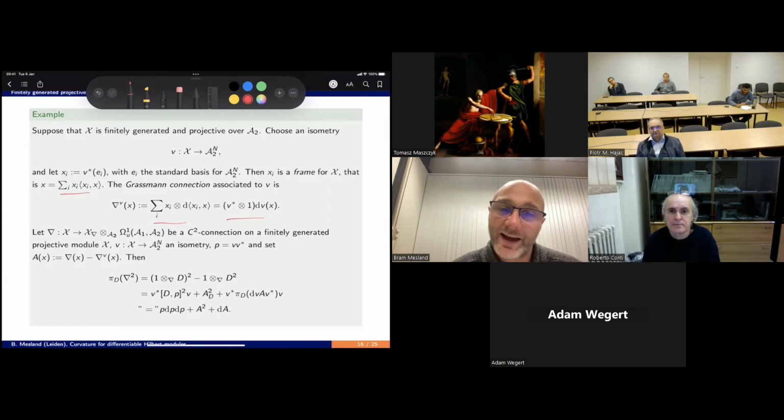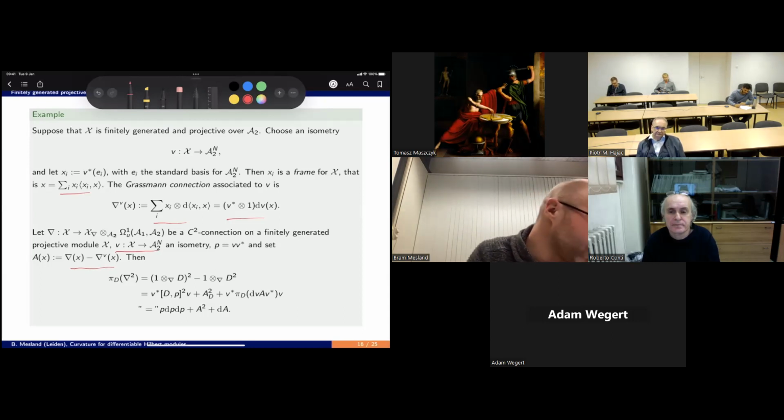But that also means that I can compare an arbitrary connection to such a Grassmann connection. And then we can derive a familiar formula in curvature land. So if we have a nice C2 connection and we choose some isometry, then we get a connection form, this A_X over here, which is by definition the difference of nabla and nabla V. And then if you compute what the represented curvature is, it gives you something that looks formally very similar to the formulas that you see in principal bundle theory, for example.